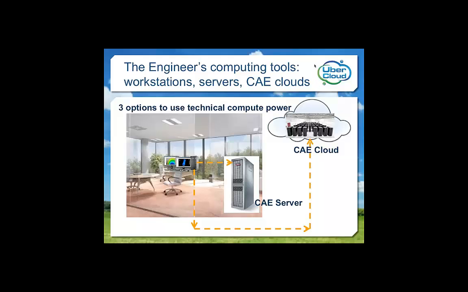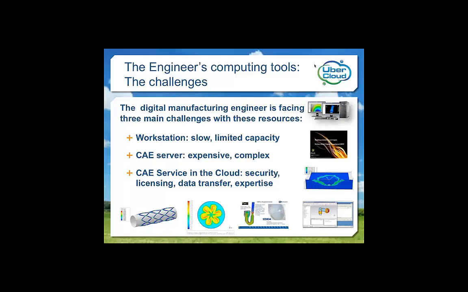But when we look at each of these three options, we see that they all come with their own set of challenges. Workstations obviously have limited capacity, and they're hard to upgrade. Every workstation resides on your desktop for a few years, and usually towards the end of that period it could be a little underpowered for the tasks that you want to run, so they tend to be a little slower.